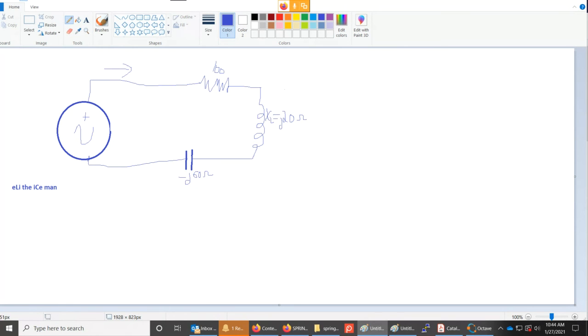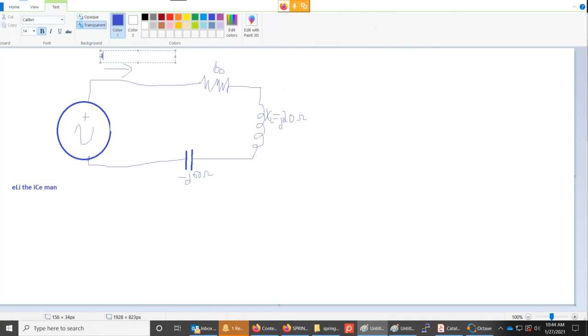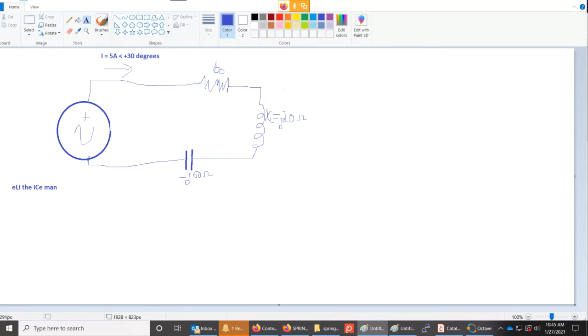So I'm going to have a current of 5 amps at an angle of minus 30 degrees. Or let's see, I've got more capacitance, so let me make it a positive 30 degrees. Okay, so let's say that that is my current.